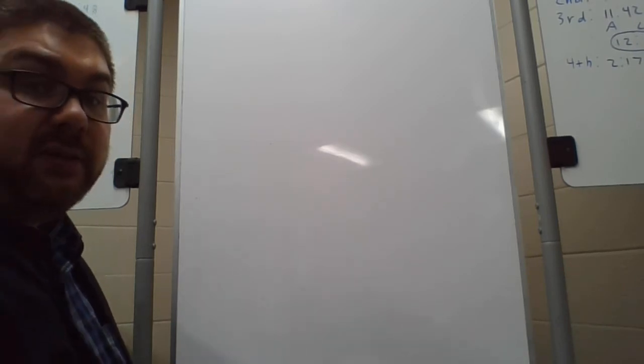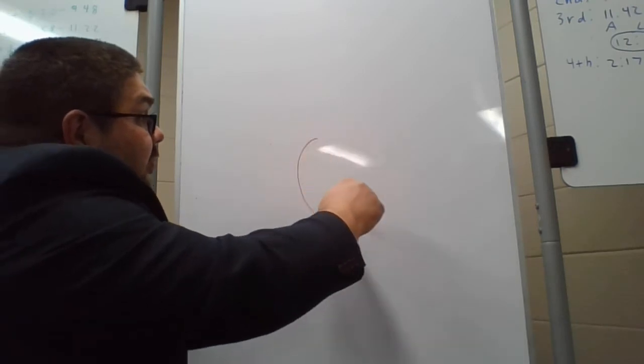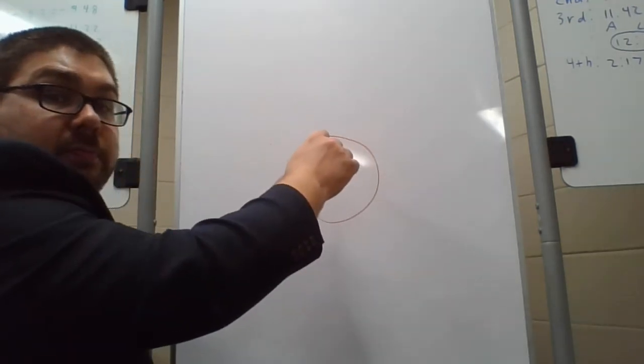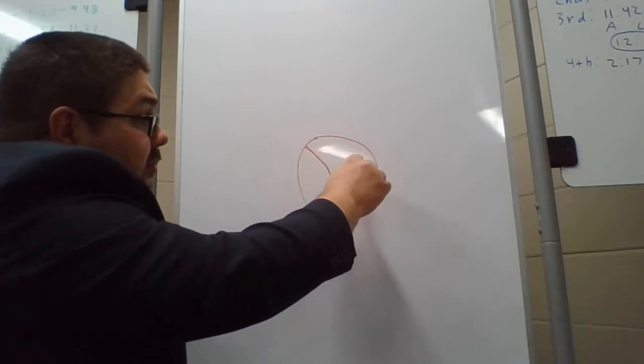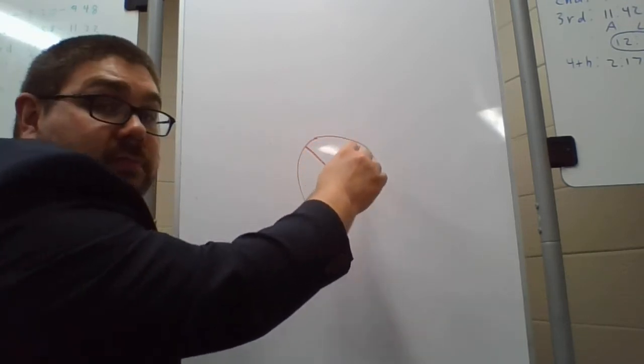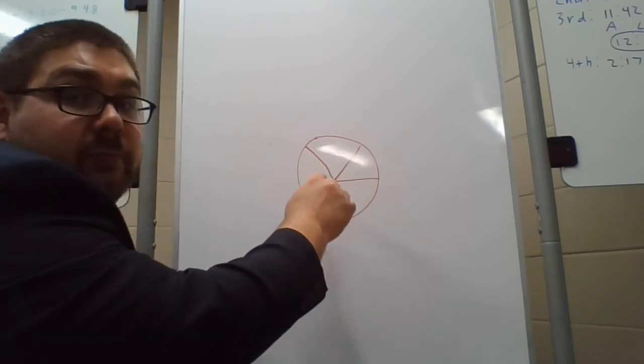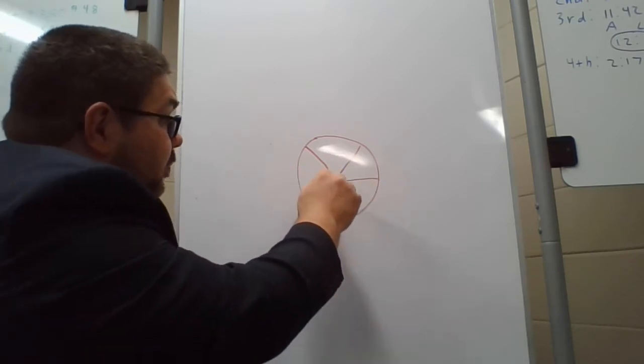On the assignment, there's a circle that looks like this. This is one weird looking circle.